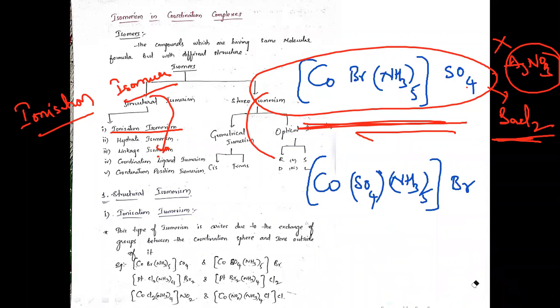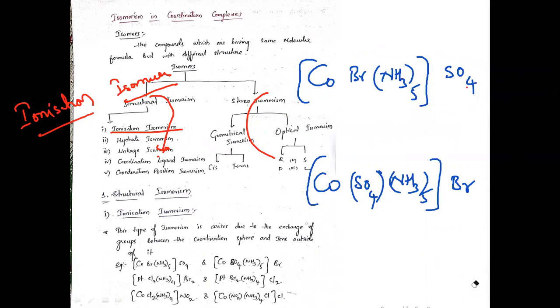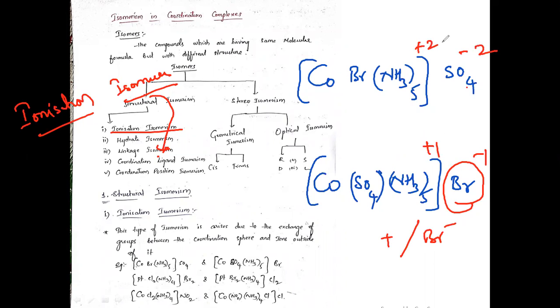In case of the second complex, you can check here, the bromine is ionized. So here the plus one and minus one, that means you will get bromide minus and the complex part plus. But in case of the first complex, the sulfate is minus 2 and the complex is plus 2.